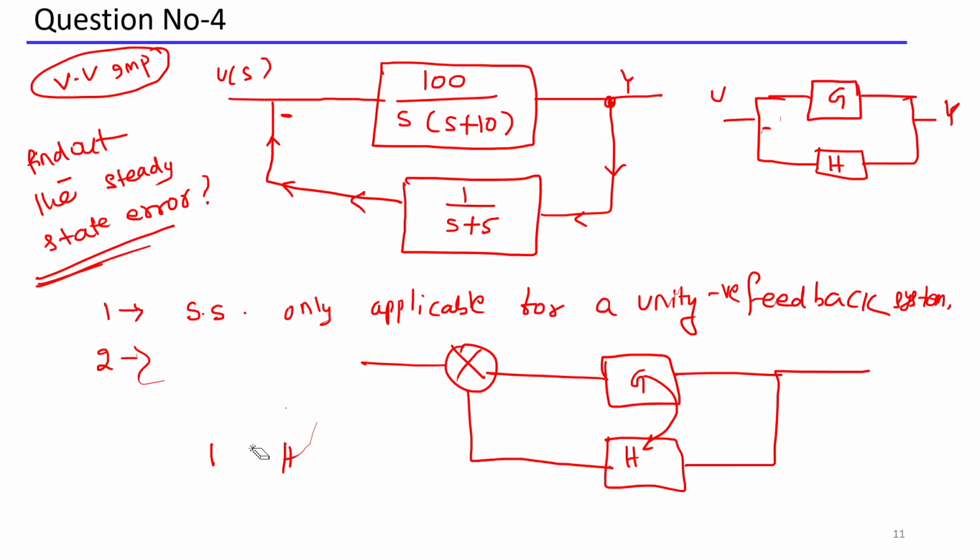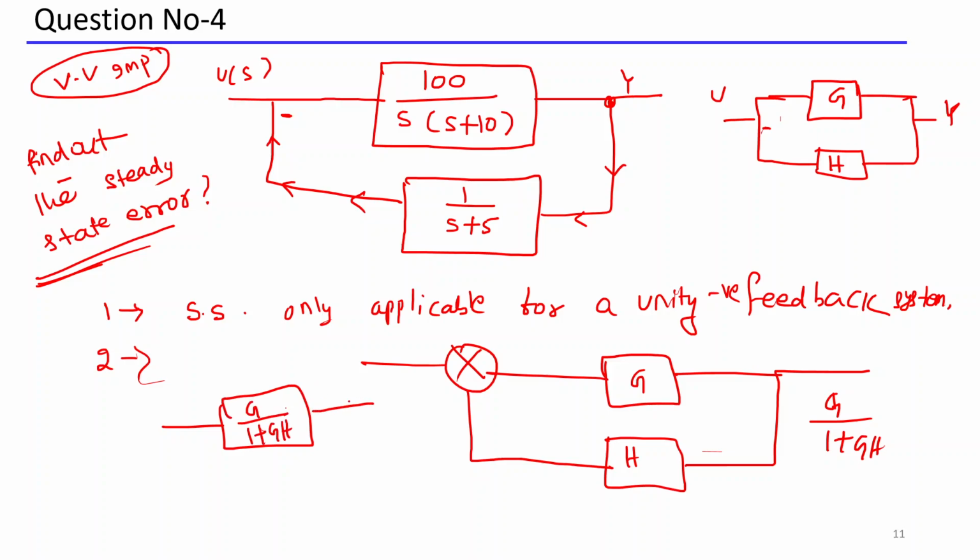But now suppose you know that for this system the transfer function is G divided by 1 plus GH. So I am replacing this block by a single block whose transfer function is G divided by 1 plus GH.